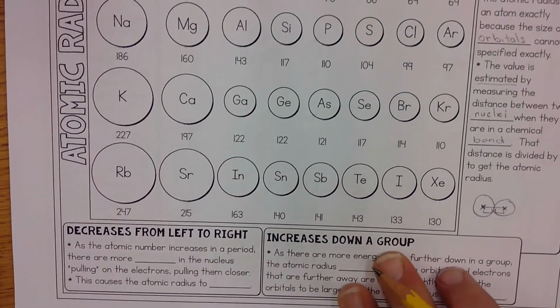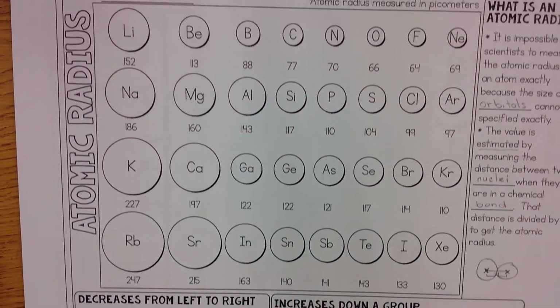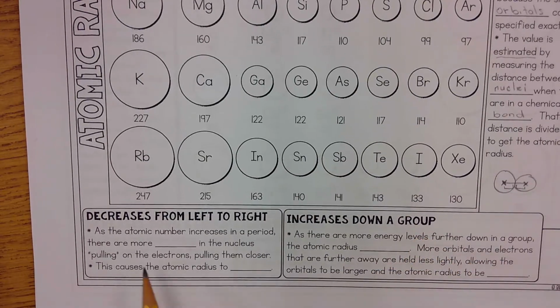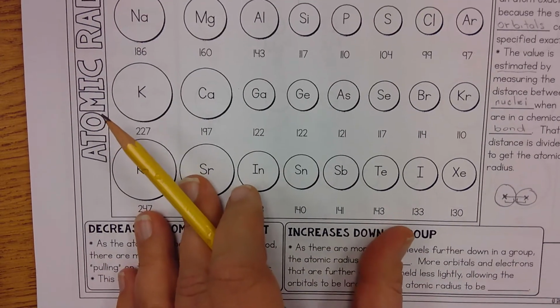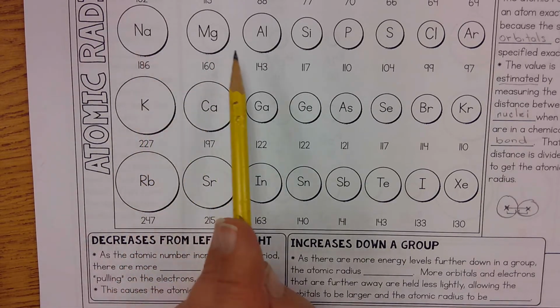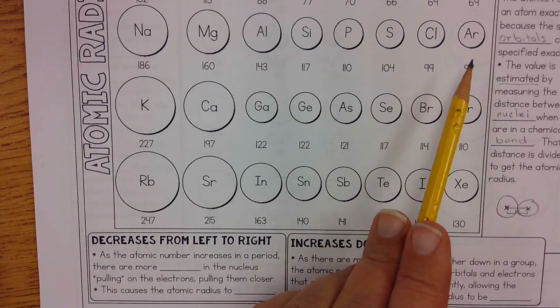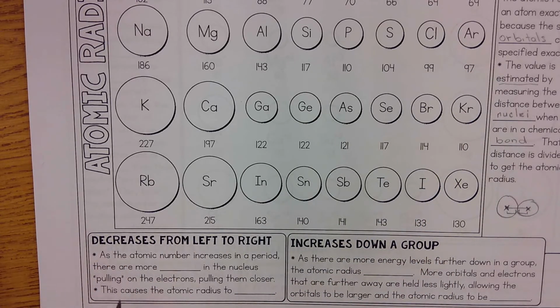The trend for atomic radius, as you can see in this picture, is that the radius decreases from left to right. As you go from left to right, sodium, magnesium, aluminum, you can see they get smaller and smaller.